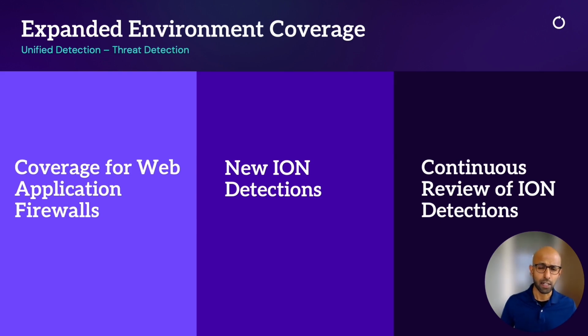Finally, our threat detection team has been continuously reviewing ION detections, ensuring that they meet our AAA standard. And as part of the review, the team improves, replaces, or archives ION detections. For more details on how your specific detection coverage is evolving, please refer to your ION monthly action report.